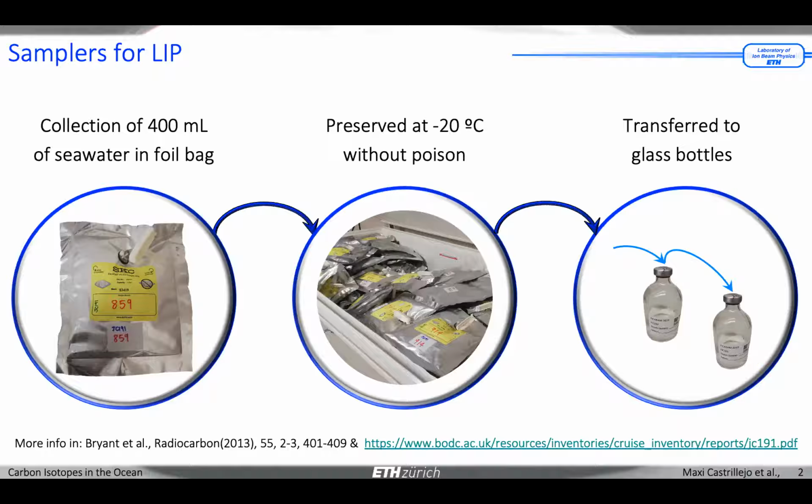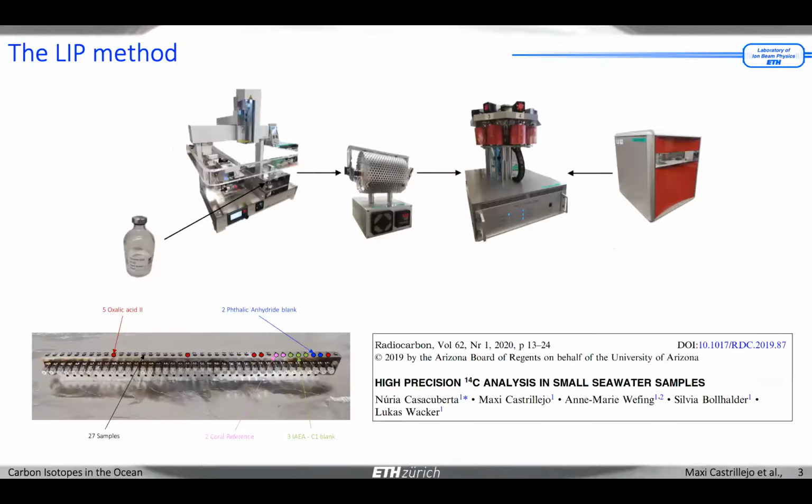For those that were not attending, this is the method that we use. It's a single line coupling both the extraction and graphitization steps, and it's all fully automated. Here you can see the reference to the paper if you want to know more about it. And now I'm going to show you the results.